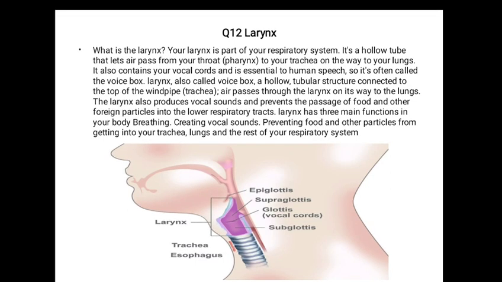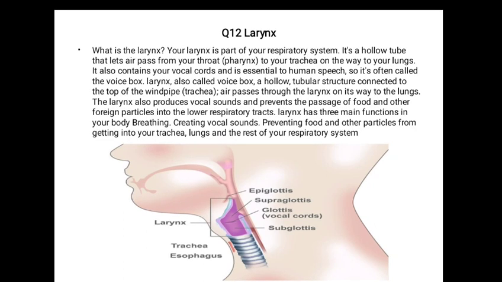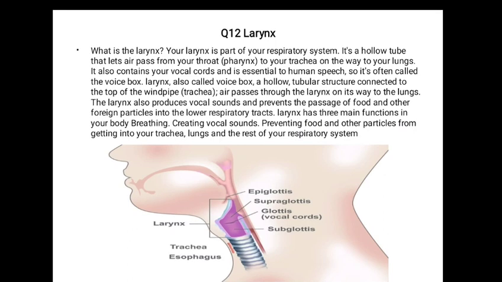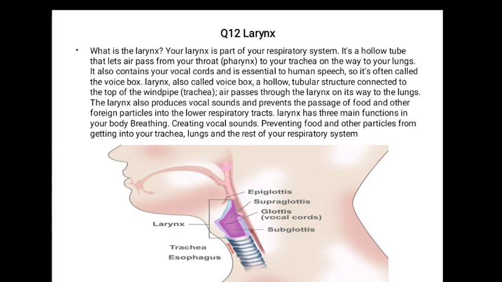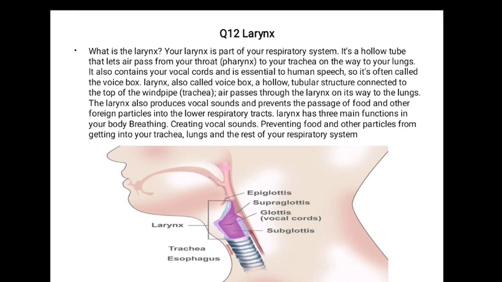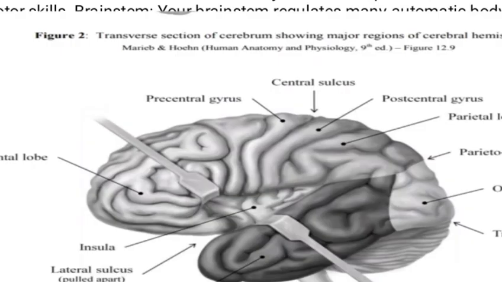Larynx has three main functions in our body: breathing, creating vocal sounds, preventing food and other particles from getting into our trachea, lungs, and rest of our respiratory system. Here diagram is also there. You have to draw the diagram.